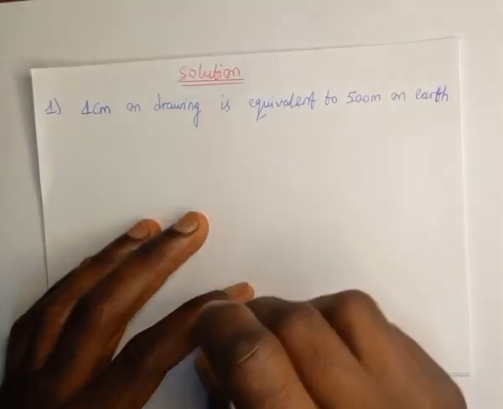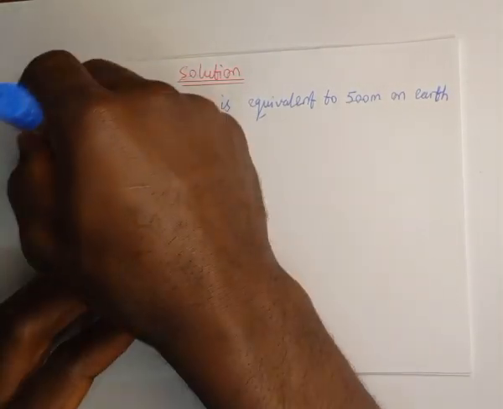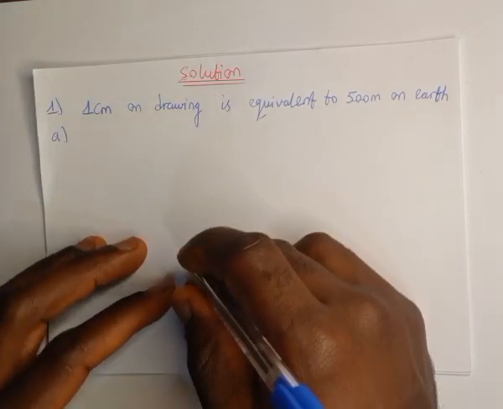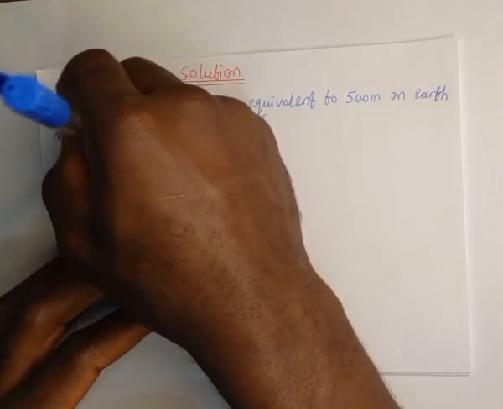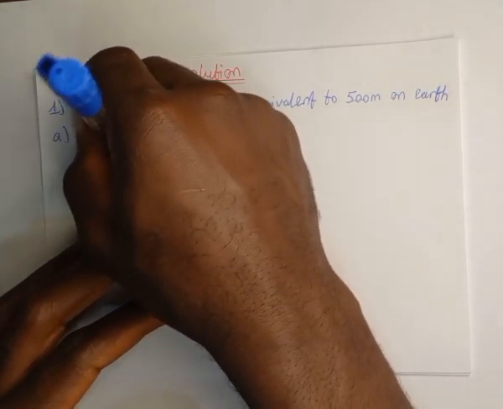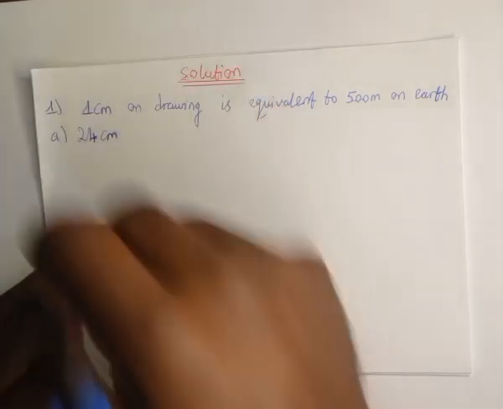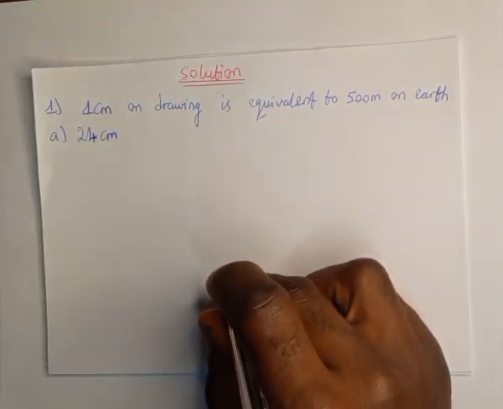That's the interpretation of the scale. Now we have to find the actual length of 24 centimeters on Earth. That means 24 centimeters on the map, what it represents on Earth.